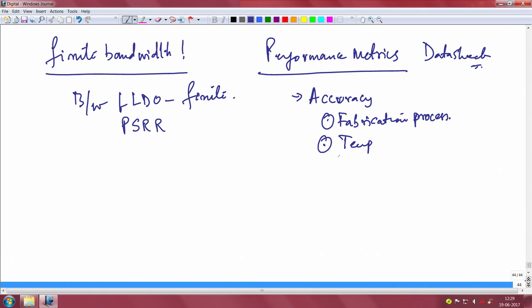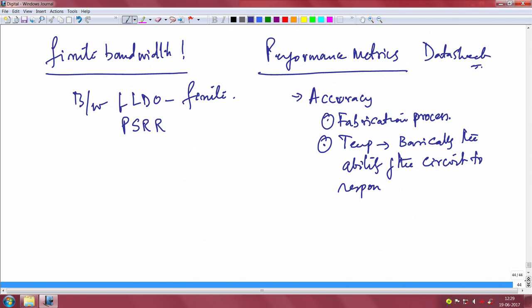Therefore, it is all about the ability of the circuit to respond given the change in temperature.